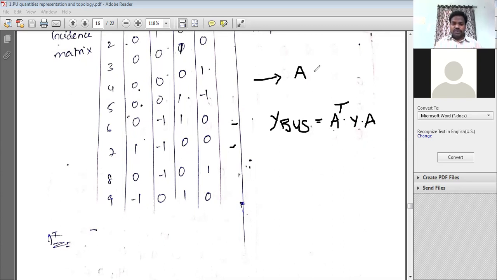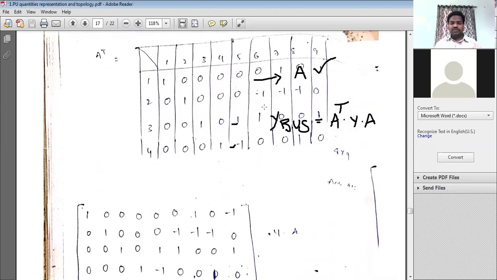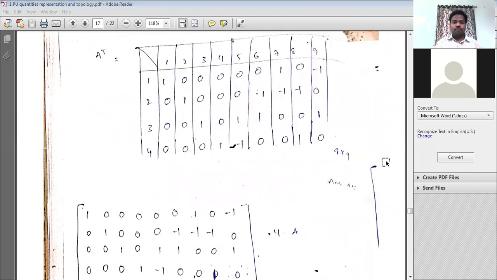Just now we got the information regarding A. Now by using this A, we are going to obtain A transpose. You just interchange the rows with the columns and the columns with the rows. So 9 by 4 becomes 4 by 9. You can observe this also. Now this matrix size is 4 by 9.